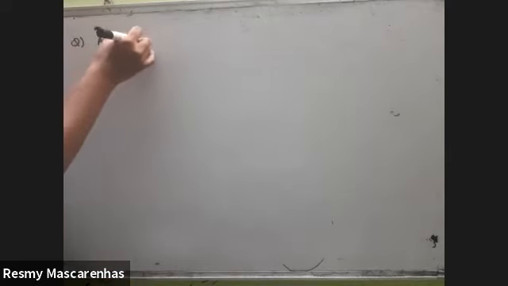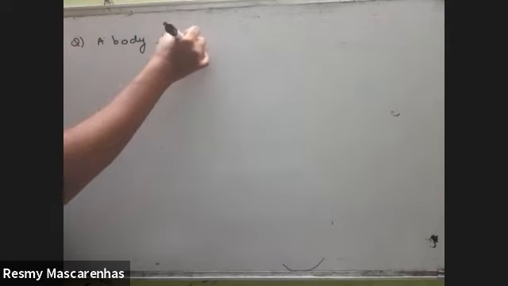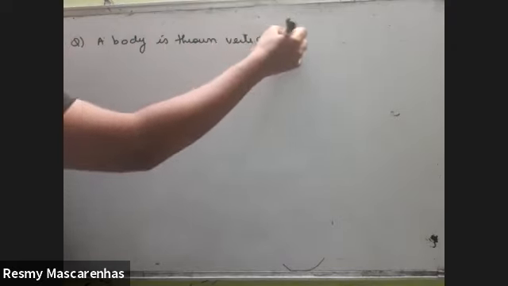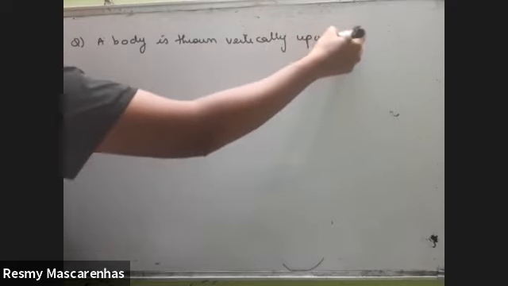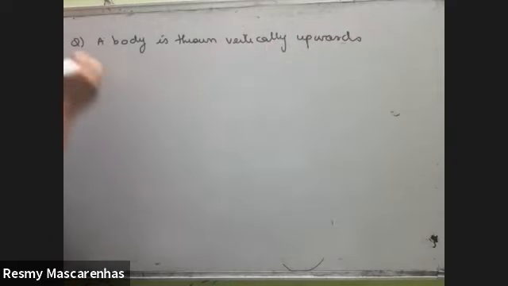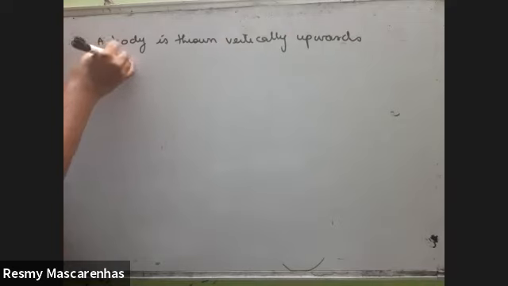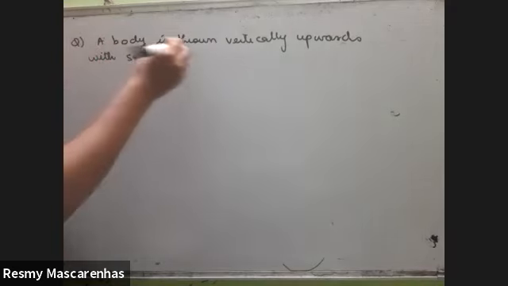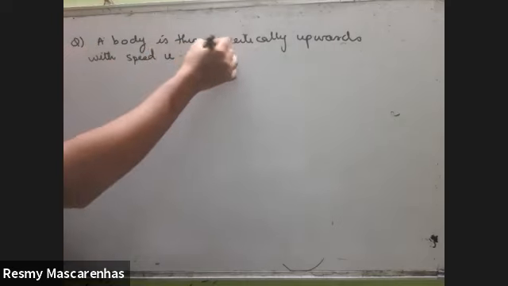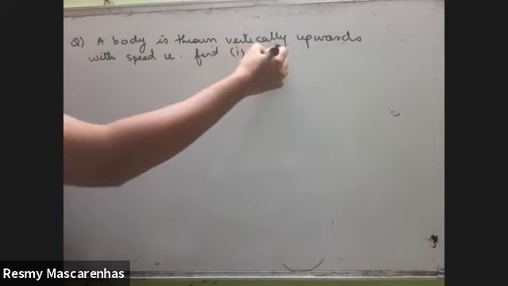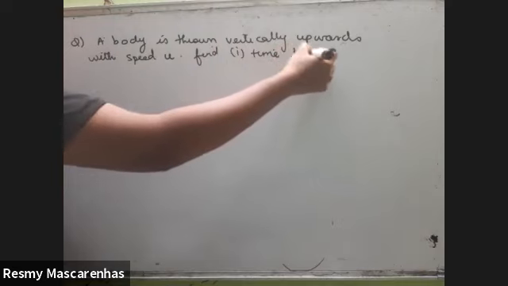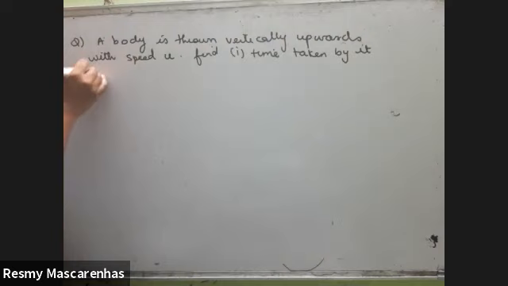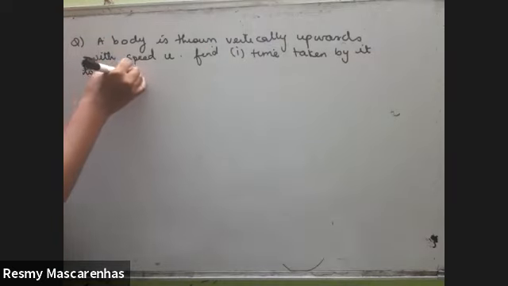A body is thrown vertically upwards with speed u. First, find the time taken by it to reach maximum height.